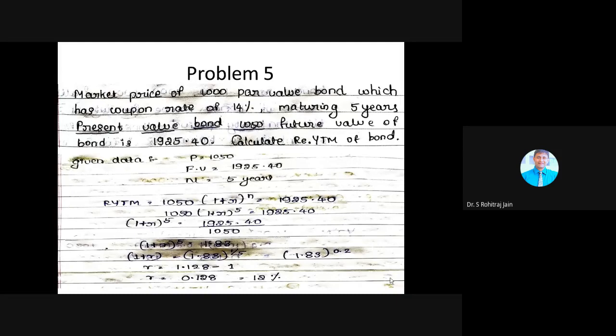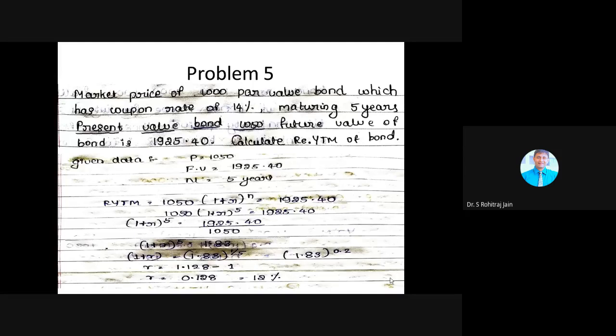I want R, that is realized yield to maturity. I want to calculate the value of R. So I will retain (1 plus R) to the power of 5 on the left hand side, which is equal to 1925.40, and I will take 1050 to the denominator.